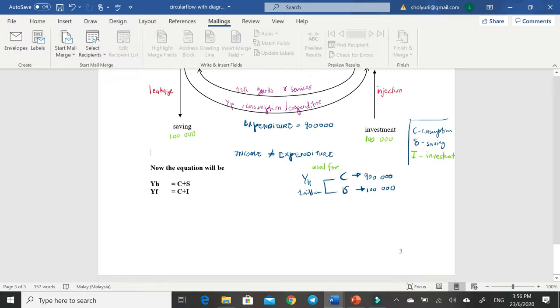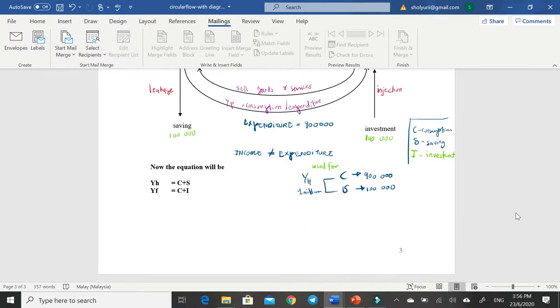While untuk YF dia akan dapat balik 1 million dia is from, sebab untuk firm kita akan tengok inflow of money, dari mana-mana dia dapat duit. Untuk household kita akan tengok daripada outflow of money, duit dia pergi ke mana. 1 juta yang dia ada tu 900,000 belanja dan 100,000 saving.